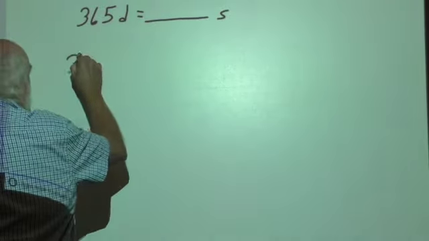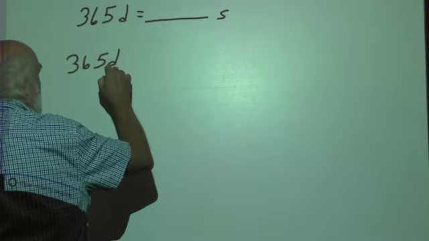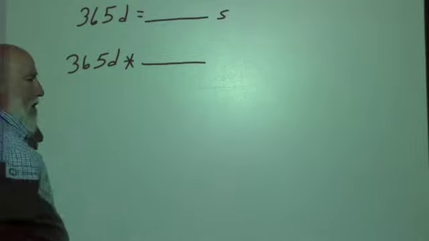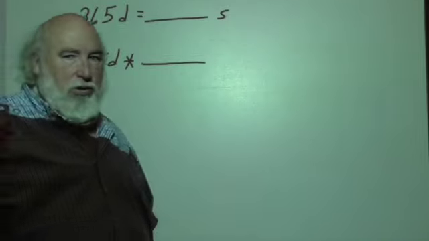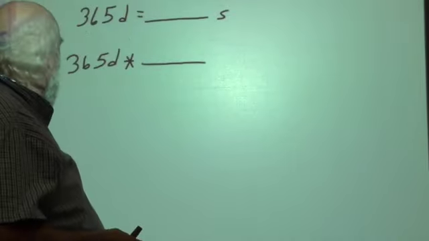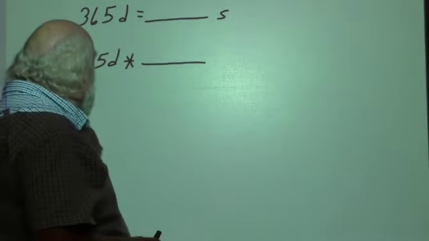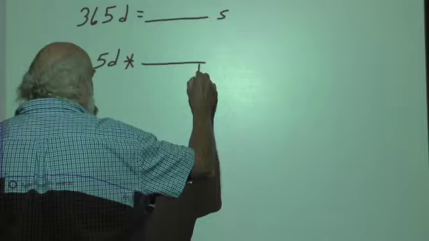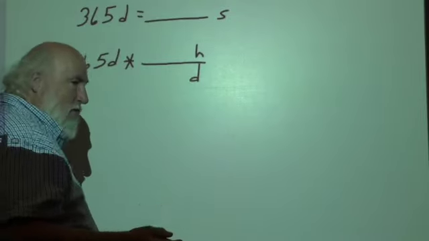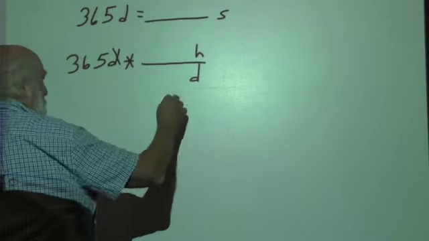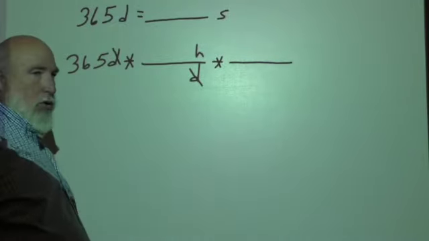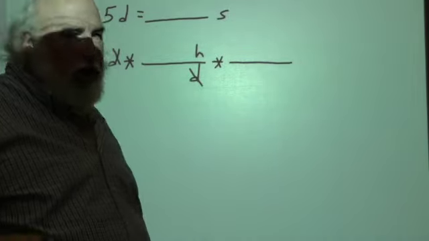So we start with 365 days. Instead of putting an equal sign, we put a times sign and a fraction line. Now I gave you no conversions for years to days, so we have to convert the days to hours. So we put days on the bottom and hours on top. We do have a conversion for that. Days are canceled out. And I gave you no conversion for hours to seconds, so we're going to change hours to minutes.